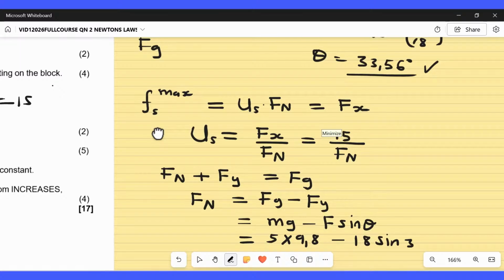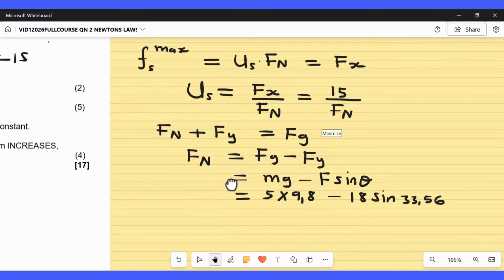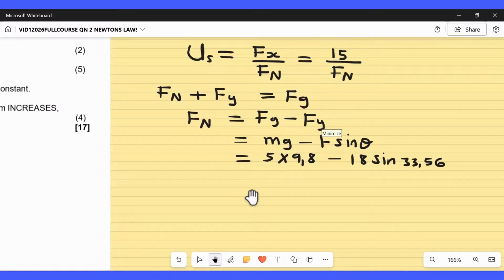So my F normal is 39,05. But don't forget, I'm looking for the coefficient of static frictional force.